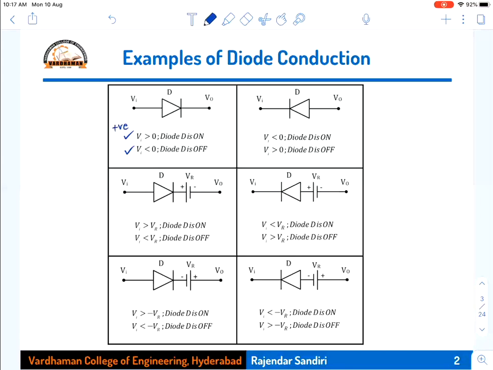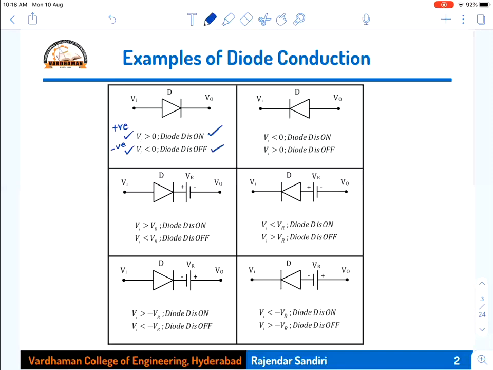When the anode is at positive voltage and increasing from 0, then definitely the diode is in the on state. Next, VA less than 0 means it is increasing in the negative direction, so the anode is becoming negative, then the diode is off.